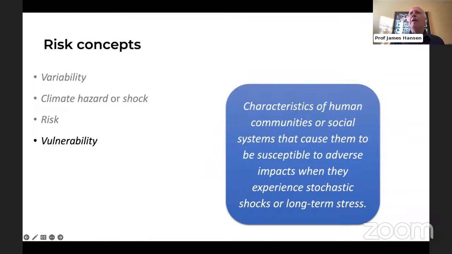Another related term, well, there are two terms that have to do with characteristics of a human household, community, country, social system. So vulnerability can be described as the characteristics of a human community or social system that cause them to be susceptible to adverse impacts when they experience a stochastic shock or long-term stress.